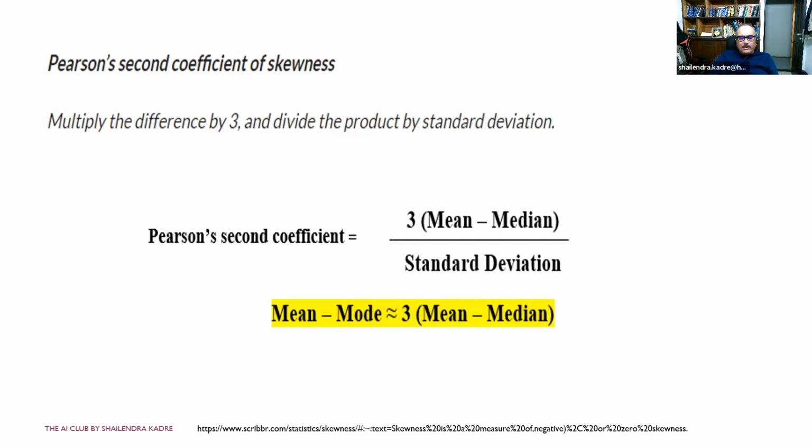That is the relation that holds good. If there is skewness in your data, you calculate mean, median, mode using an Excel sheet or Python, whatever tool you want. This formula will always apply: the difference of mean and mode will be approximately equal to 3 times mean minus median.